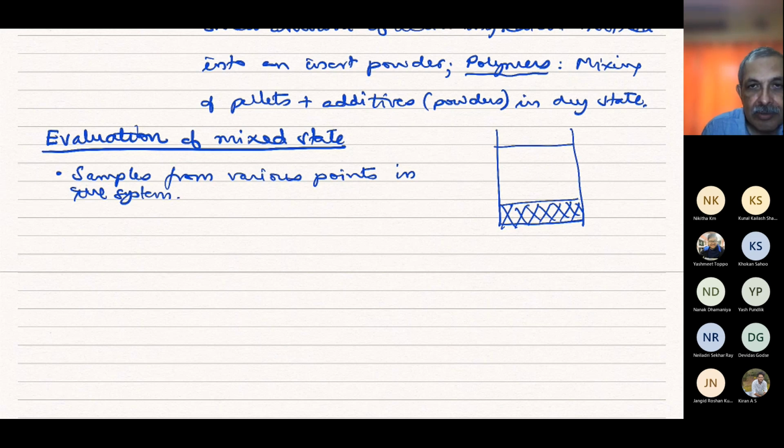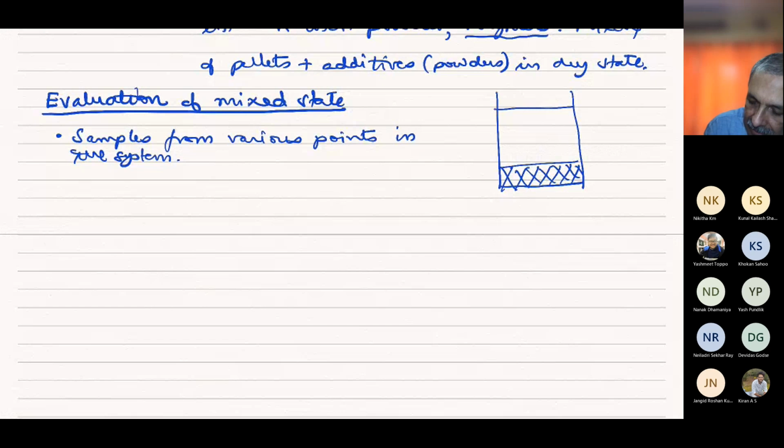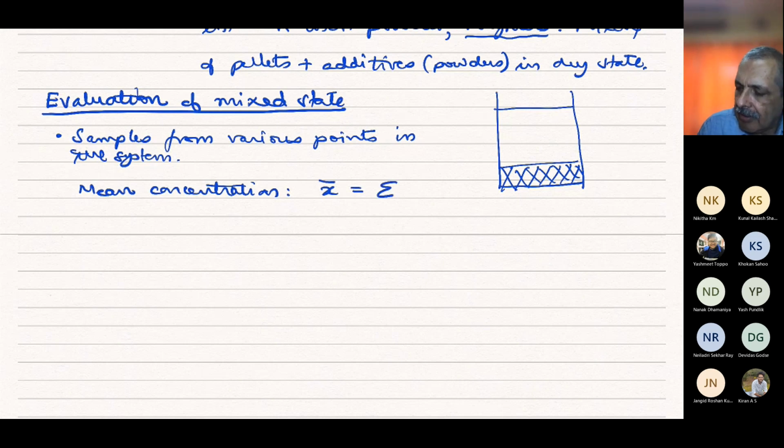So you just take samples. Let's say you take n samples. Then in this case, the mean concentration, or it could be just volume fraction or weight fraction or whatever, or number fraction, x bar is just the sum of xi, i going from 1 to n, divided by n.